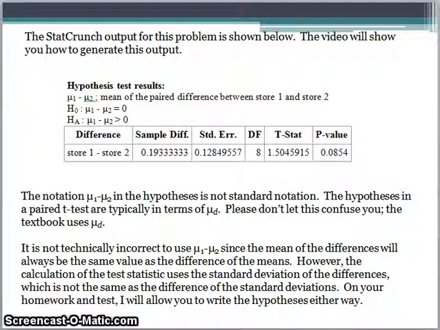The hypotheses in the book are in terms of mu d, and that's more standard notation. It's not technically incorrect to use mu1 minus mu2, but some of the other calculations behind the scenes as part of the standard deviation and whatever is a little bit different.